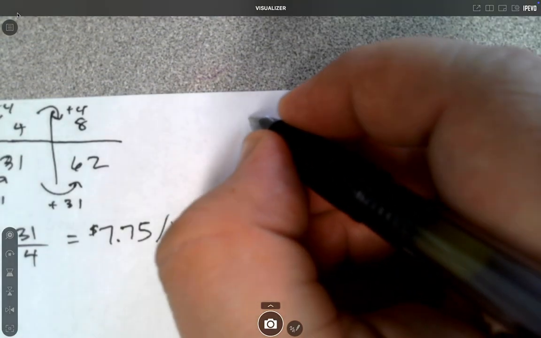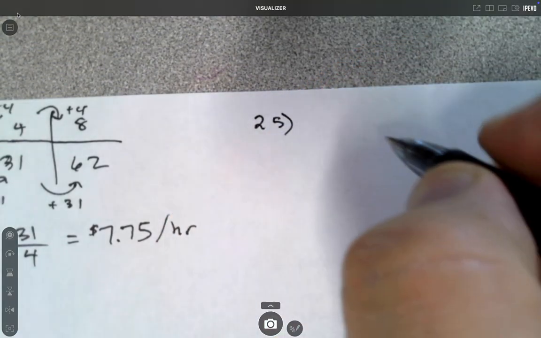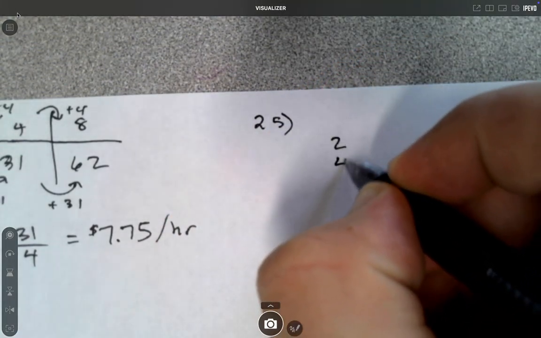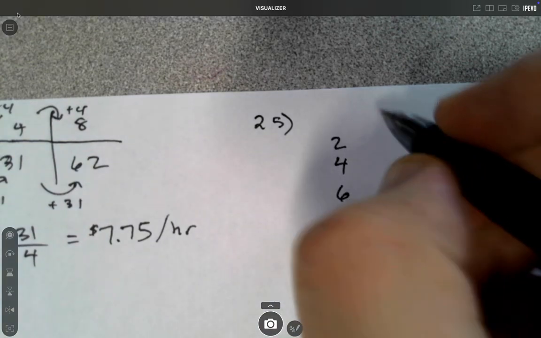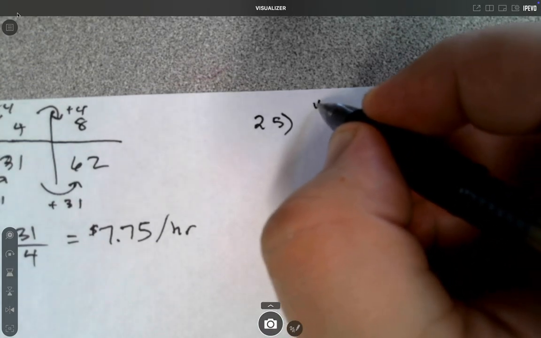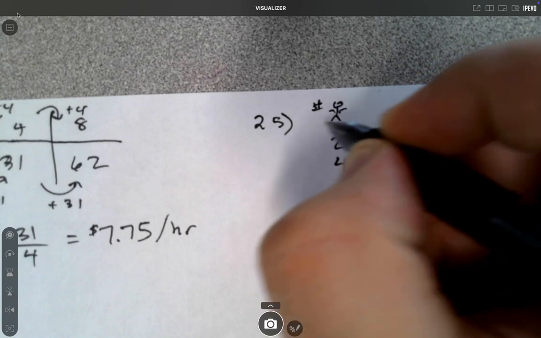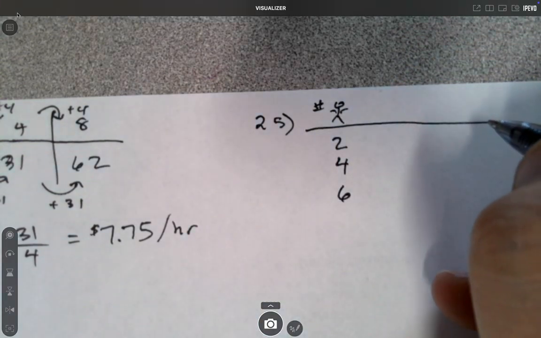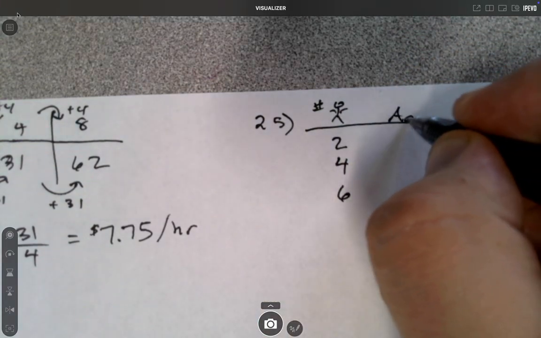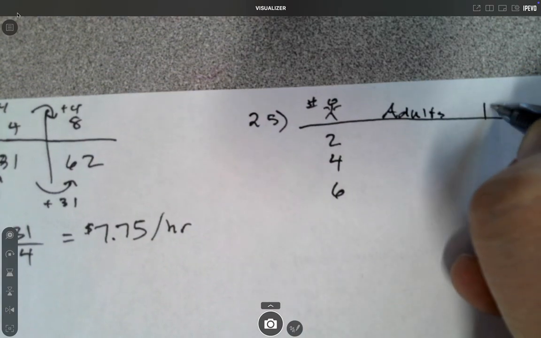Okay, 25. Got a table, 2, 4, 6. That's the number of people. We also have total cost if it's of adults or if it's kids.